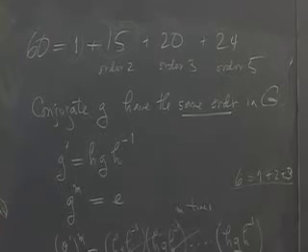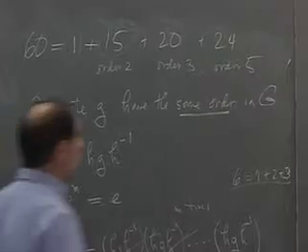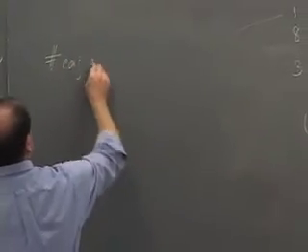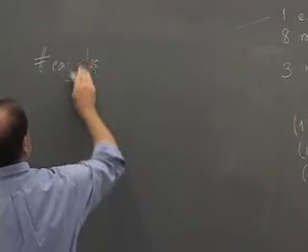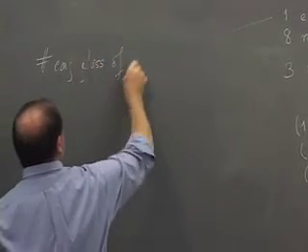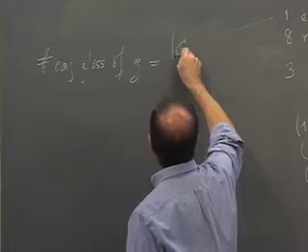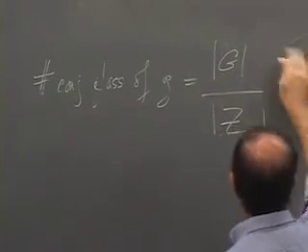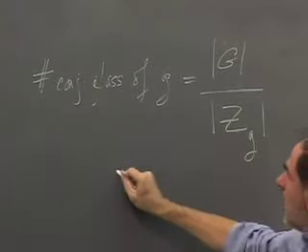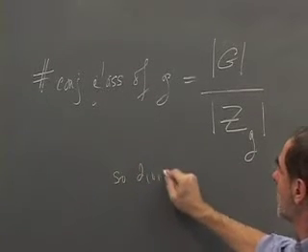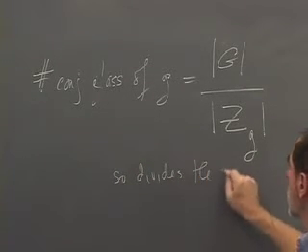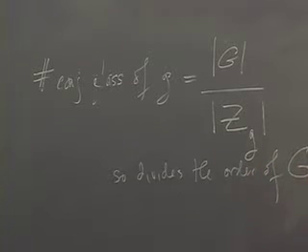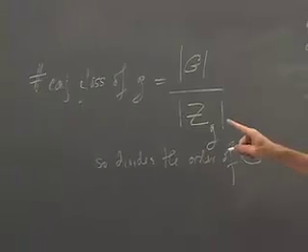Why? Because the order of a conjugacy class of G is equal to the order of G divided by the order of the centralizer of the element, as we saw last time. So it divides the order of G. And there's a problem here.